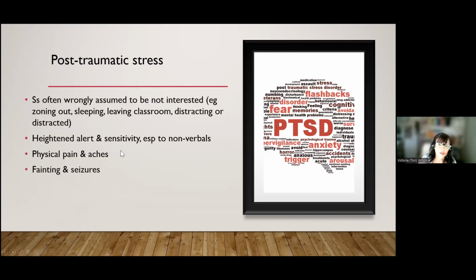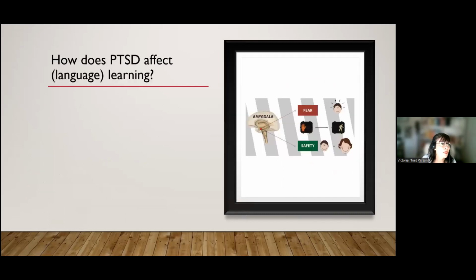In some cultures, it's very rare, but in one particular ethnic group, fainting and seizures are a result of post-traumatic stress. And one of the most common for all people with post-traumatic stress is to go into that fight, flight, or freeze state. And of course, learning cannot happen when somebody is experiencing that. So we don't want our wonderful lessons to go to waste.